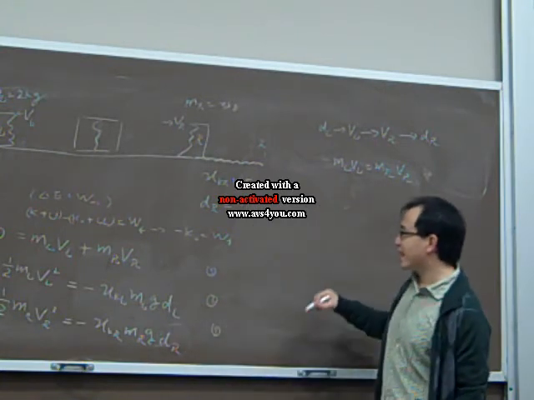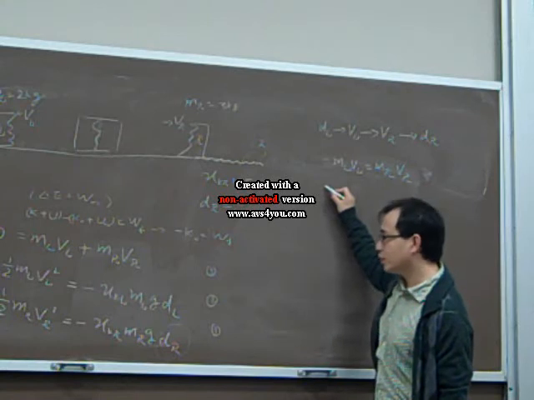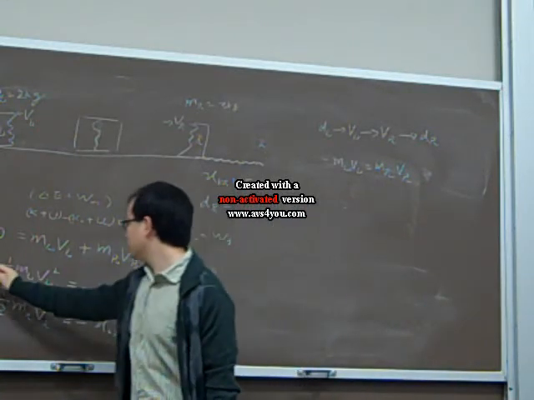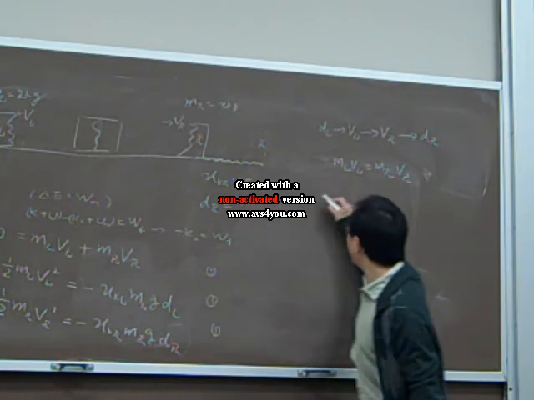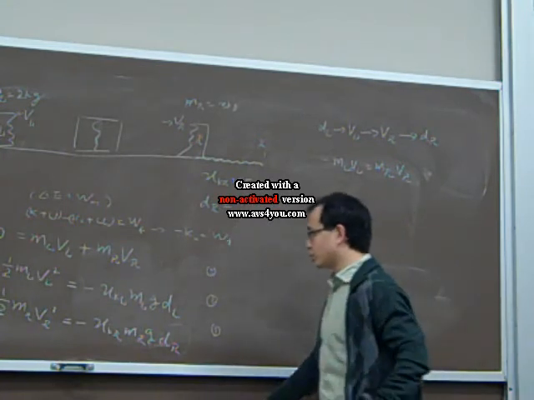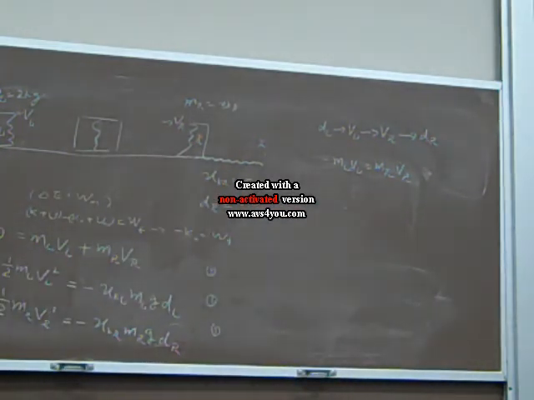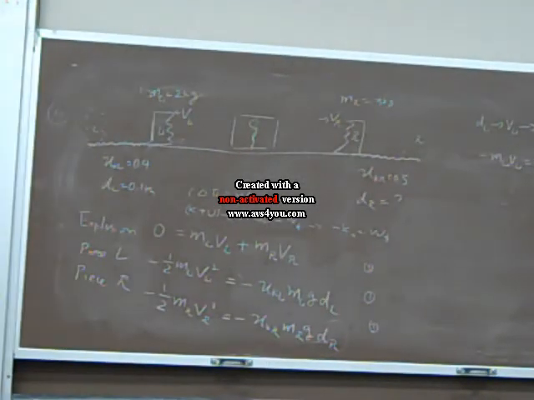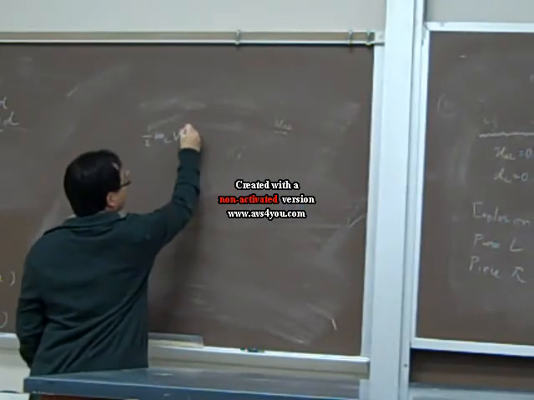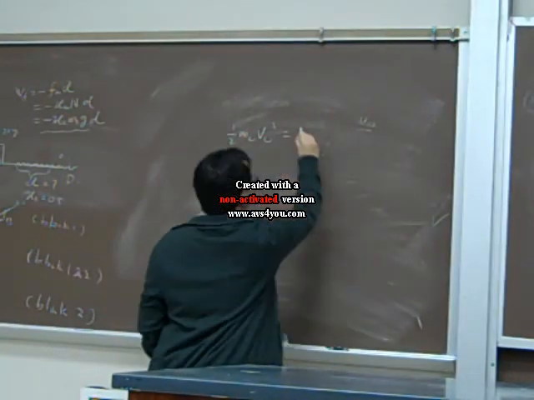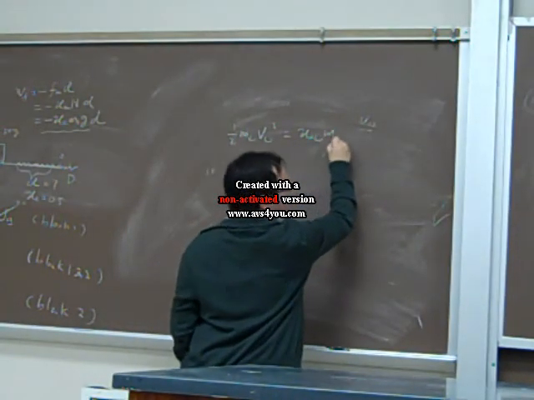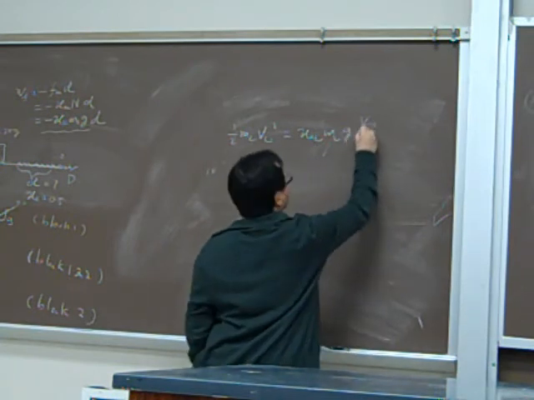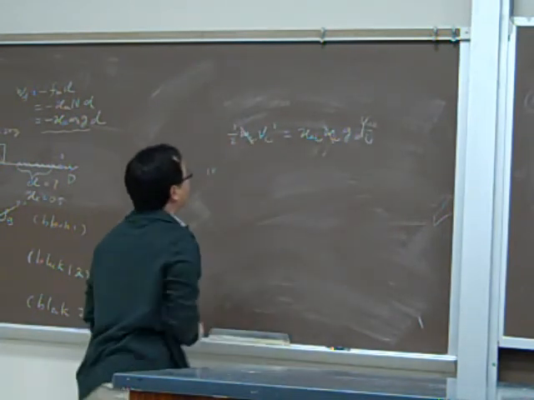Let's simplify this equation here. You get 1/2 ML VL squared equals mu KL ML G DL, and ML cancels ML.